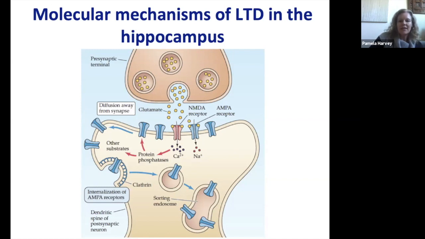So activity at a glutamate receptor, but rather than high frequency activity, low frequency activity can activate protein phosphatases through the influx of calcium that causes the relocalization of AMPA from the synapse back into the endosomes. So it's reducing the efficiency of that synapse. And this has been shown both in animals and also to some extent in people.